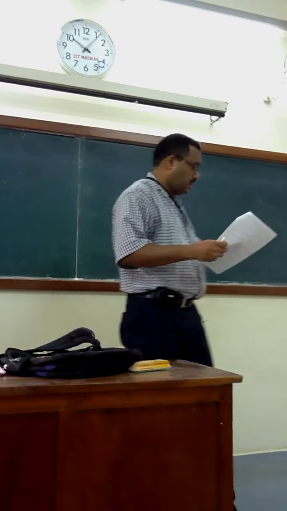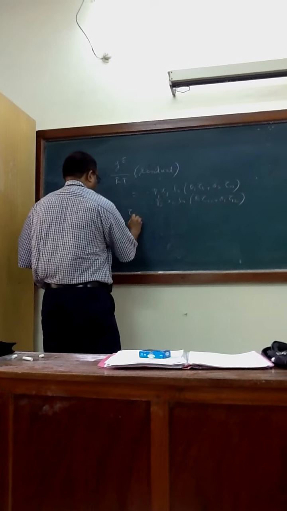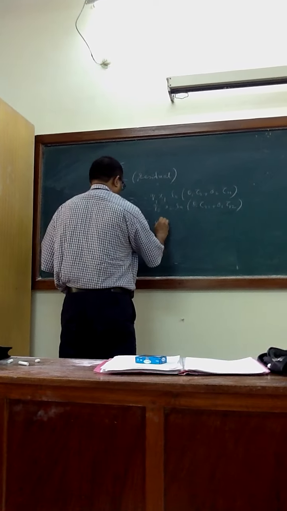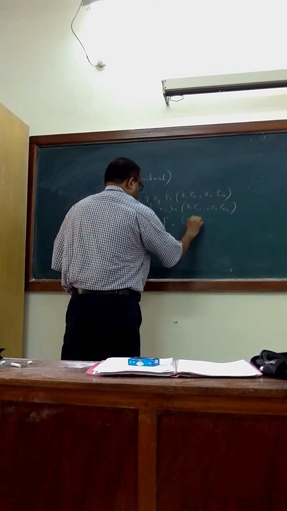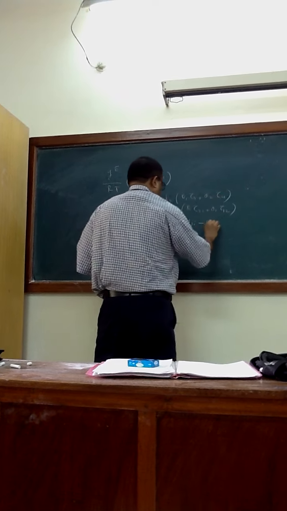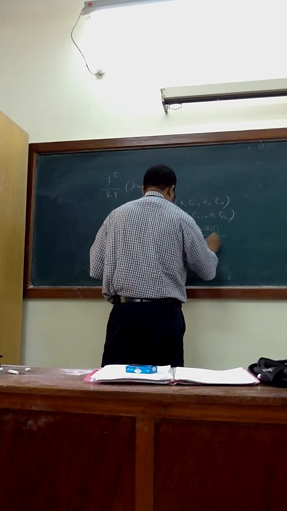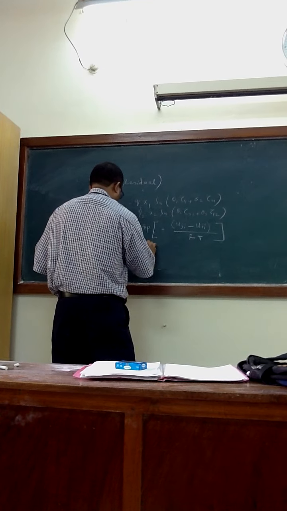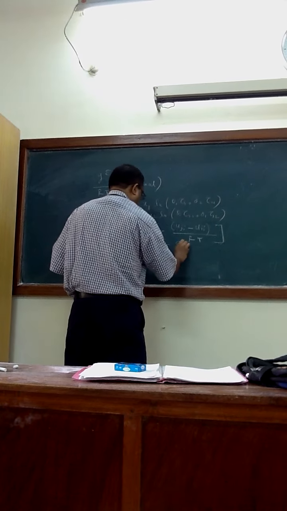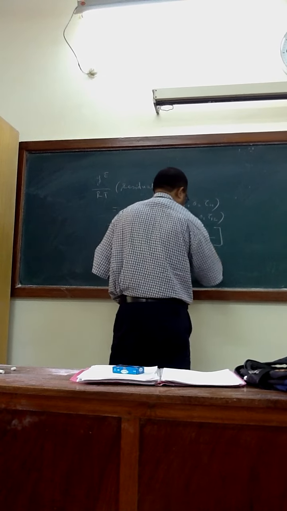And here tau ji is exponential of minus (uji minus ui) by RT. We can also write this as exponential of minus aji by T.